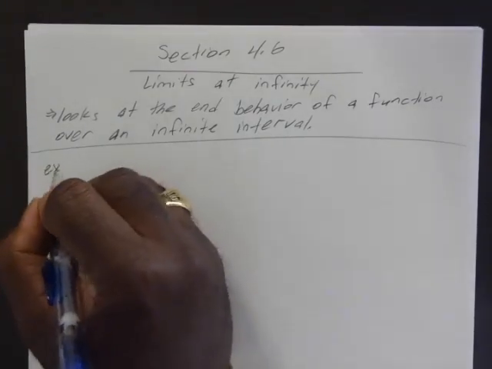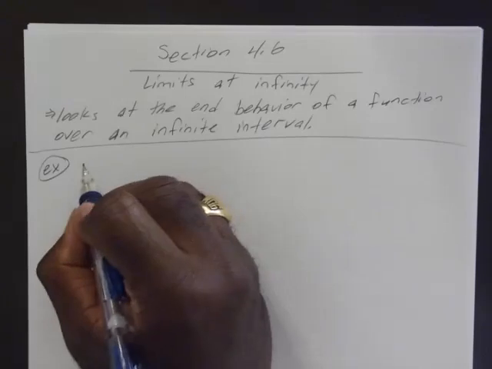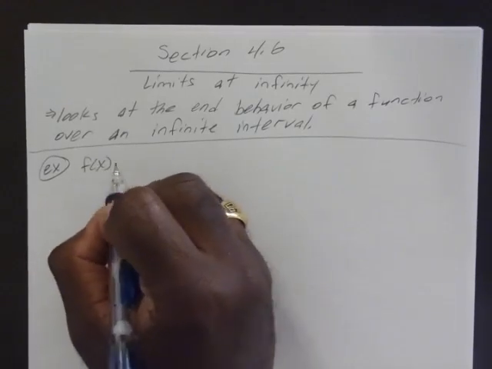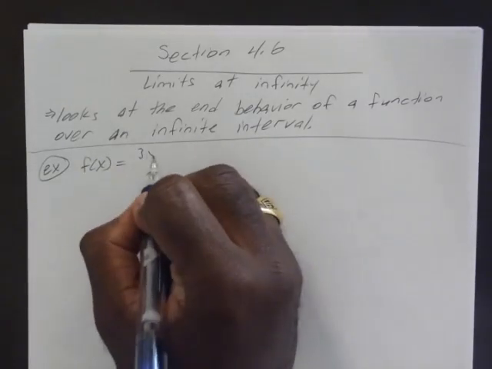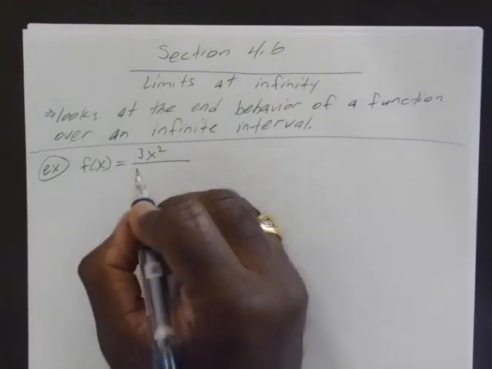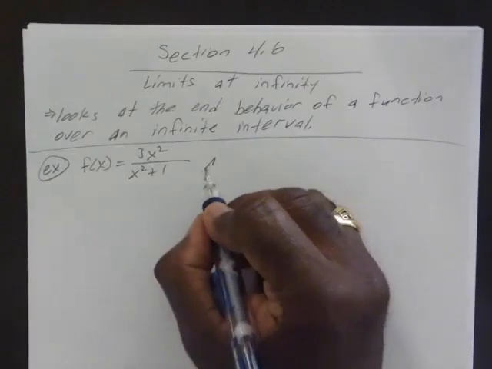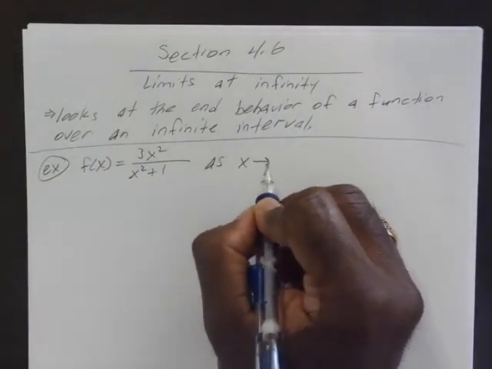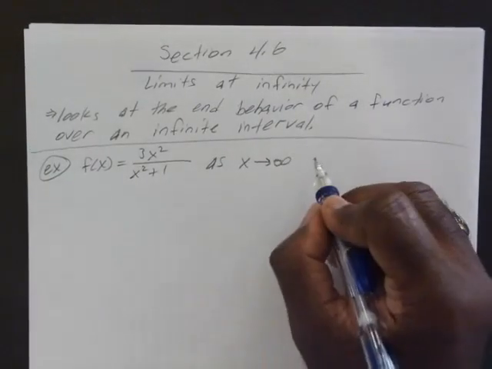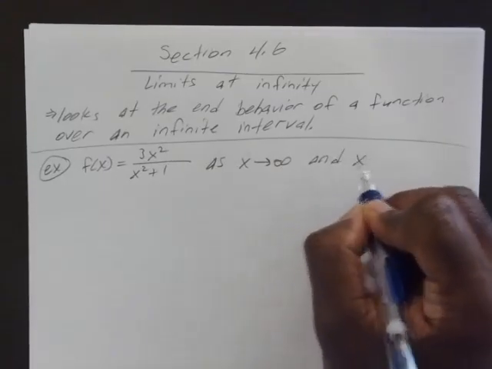Okay, so let's say, for example, we had f of x is equal to 3x squared over x squared plus 1, as x approaches infinity and negative infinity.